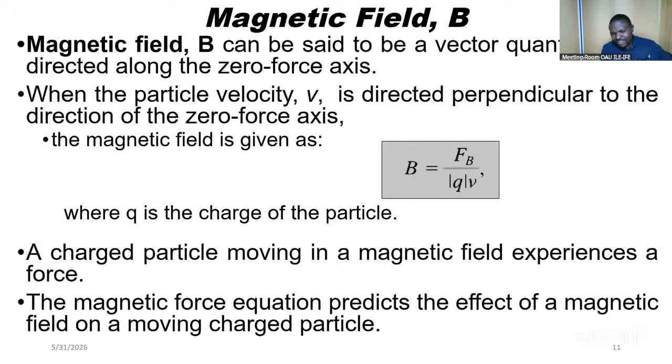And remember, for the electric field you put the test charge Q, but for the magnetic field to be associated, it is only possible when there is motion. So just incorporate velocity into it. Am I communicating? So you cannot say magnetic field is equal to the magnetic force over the charge only; it is the force over the charge multiplied by the velocity, where Q is the charge of the particle.